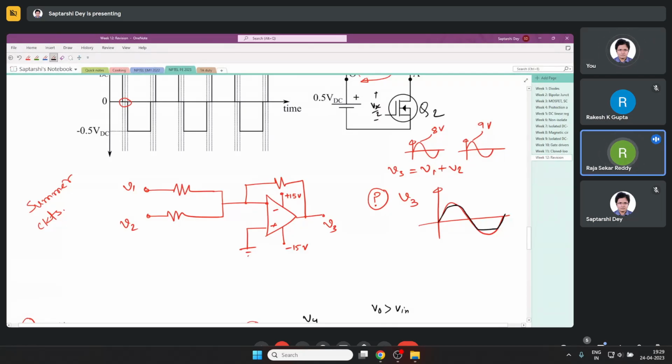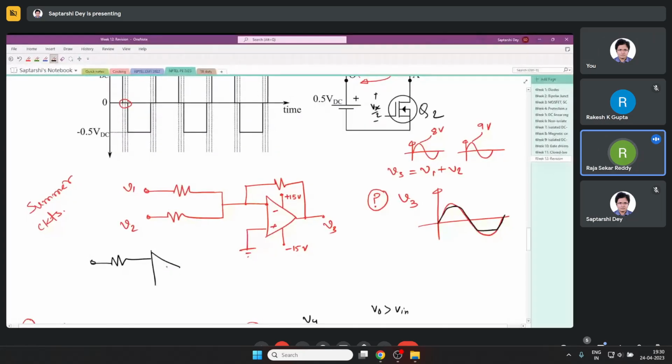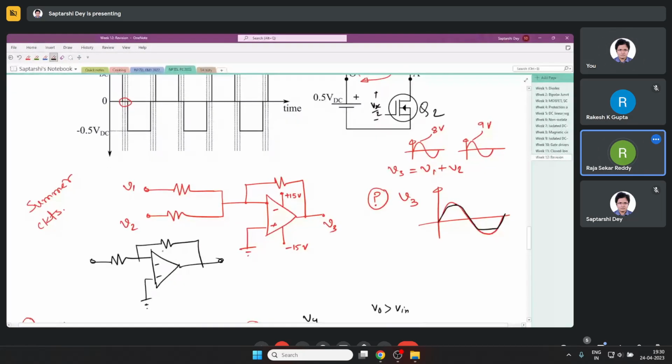If you see that your signals are too large and you cannot keep them in limit, you have to use this circuit. This will make the voltage smaller using the ratio R1 by R2, whatever it comes.